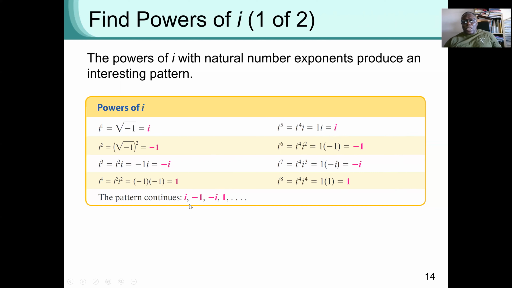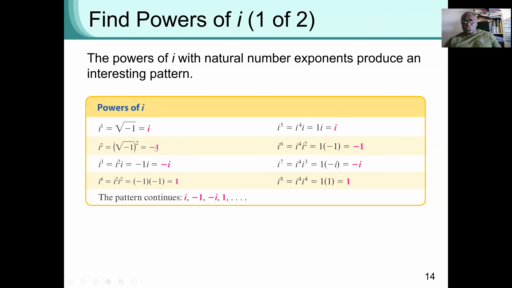The pattern continues: i, negative 1, negative i, 1. Again, i to the power 1 is the same i. But i squared is the square root of negative 1 squared, which gives me negative 1, because the square cancels the square root.